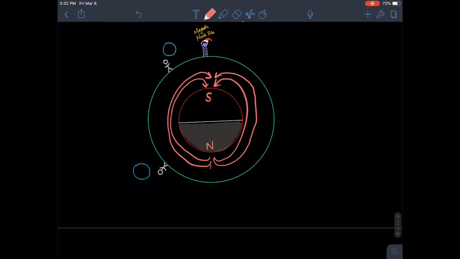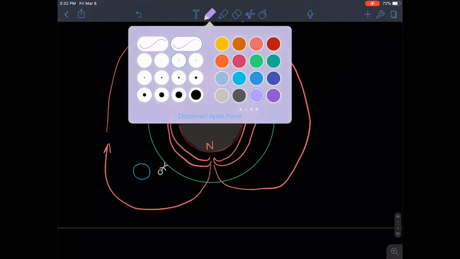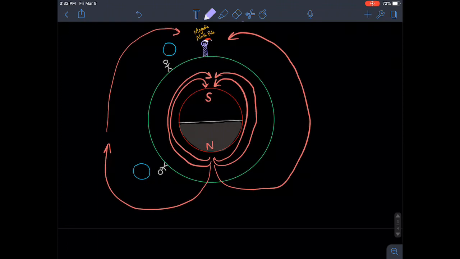So we can imagine that if we bring a compass into this setting, let me draw my compass here. I've got my compass circle right here, and if I were to find where the North Pole is going to be, it's going to point towards the North Pole here.